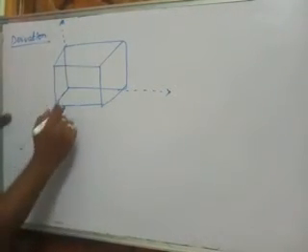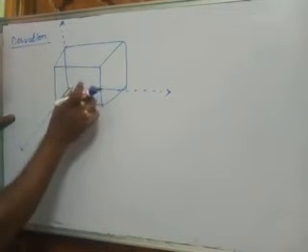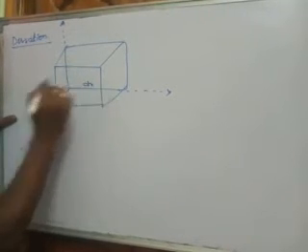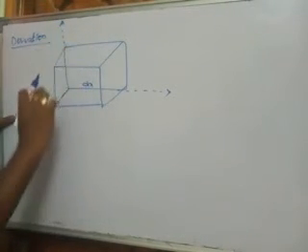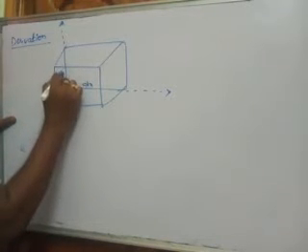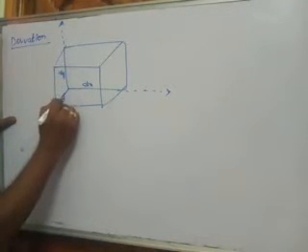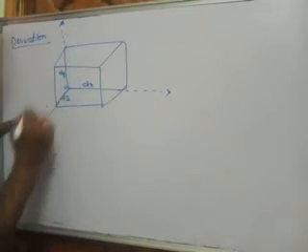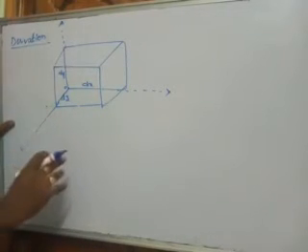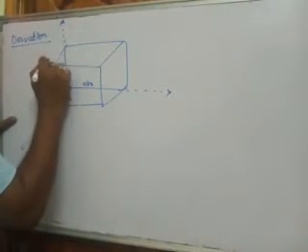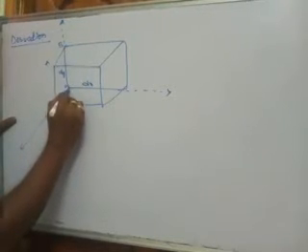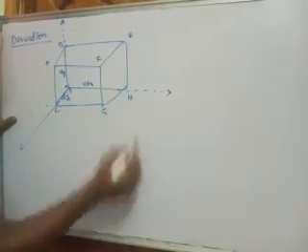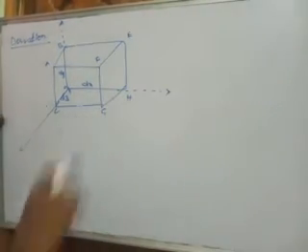The length of this infinitesimal element along the x-axis is dx. The length of this small volume along the y-axis is dy, and along the z-axis dz. This is the origin. Now along the x direction we assume two faces: face ABCD and face EFGH. Two faces we are assuming along the x-axis.